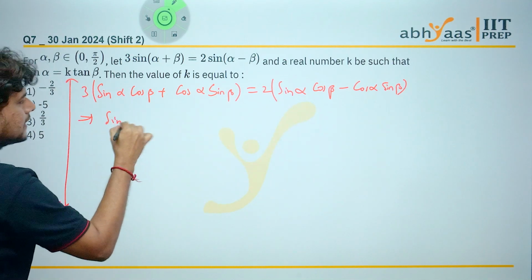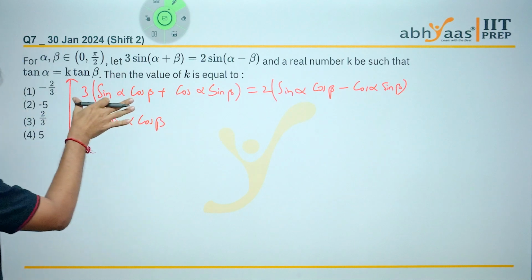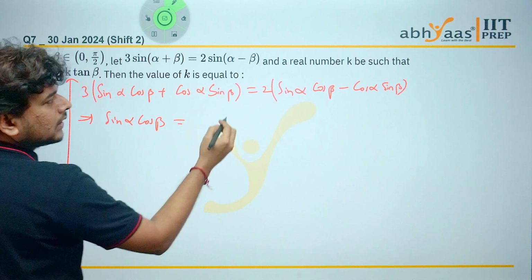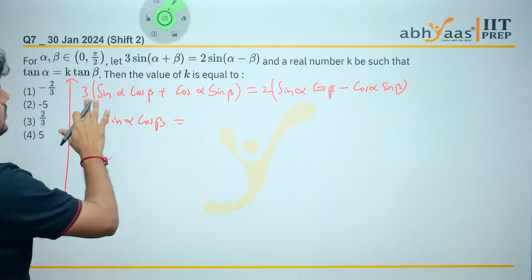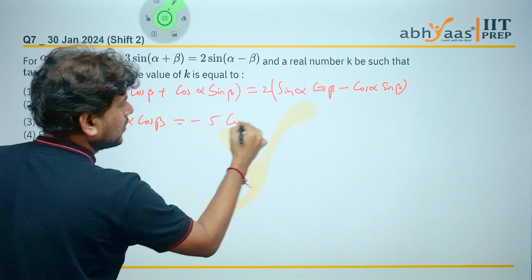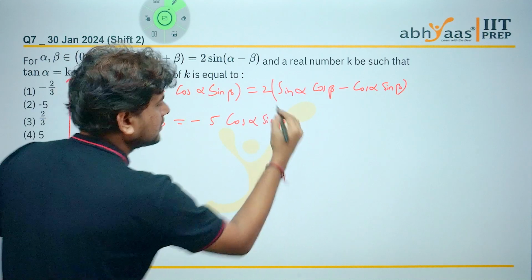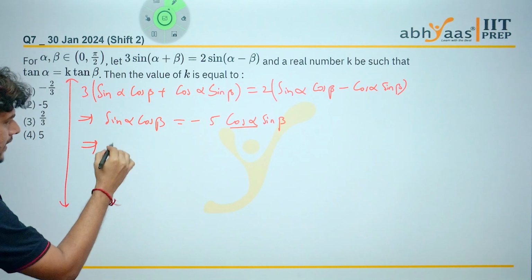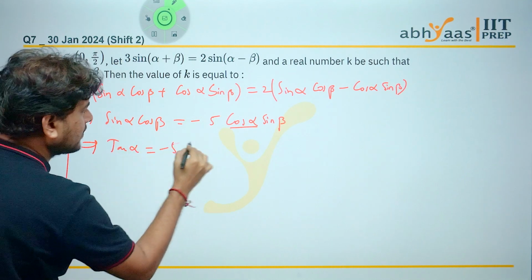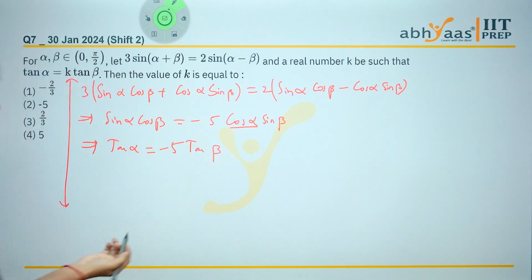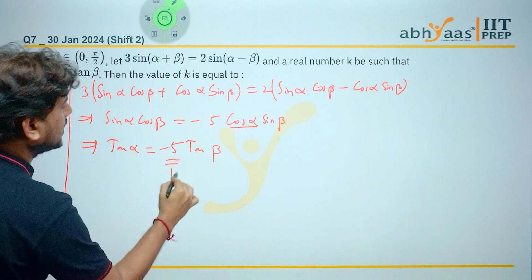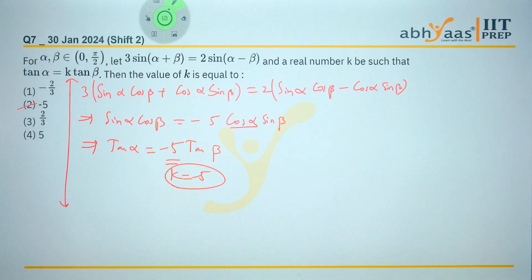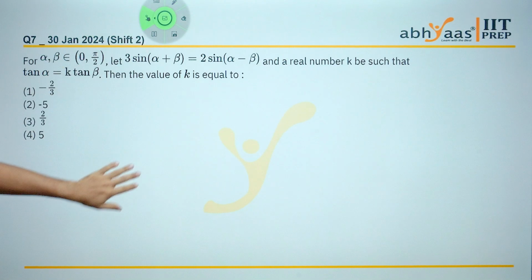So 3 sine alpha cos beta minus 2 sine alpha cos beta equals 2, and minus 2 plus 3, that will be minus 5 cos alpha sine beta. See, if we take cos alpha this side, it will be tan alpha equals minus 5 tan beta. Simple question, we are done. K value is equal to minus 5. Okay, so let's go to the next question.